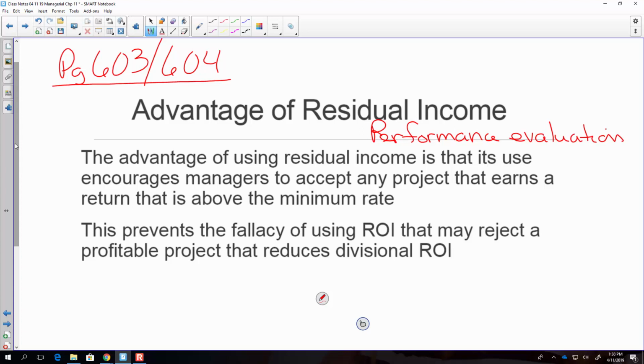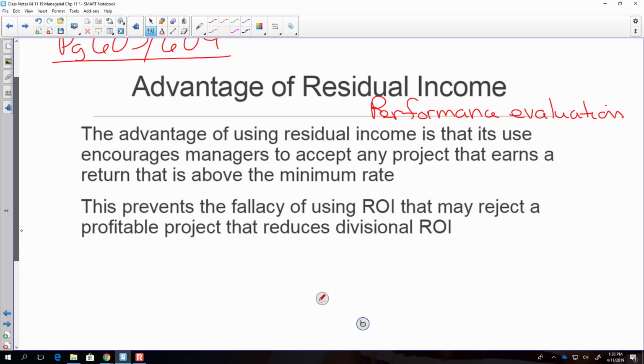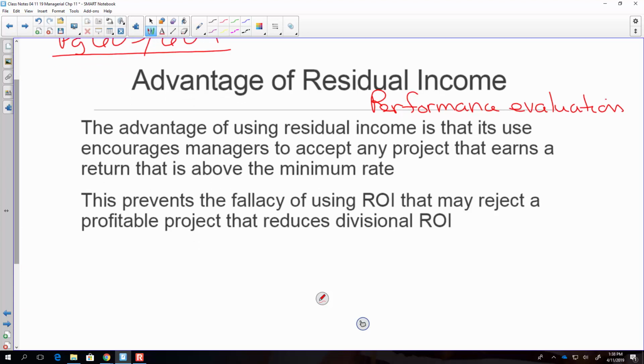And there are advantages, and the author talks about accepting any project that earns a minimum rate of return, and that's what residual income does. If the company's minimum rate of return is 10% and our project gives us a 12% rate of return, well, obviously the residual income is going to be greater than 0.